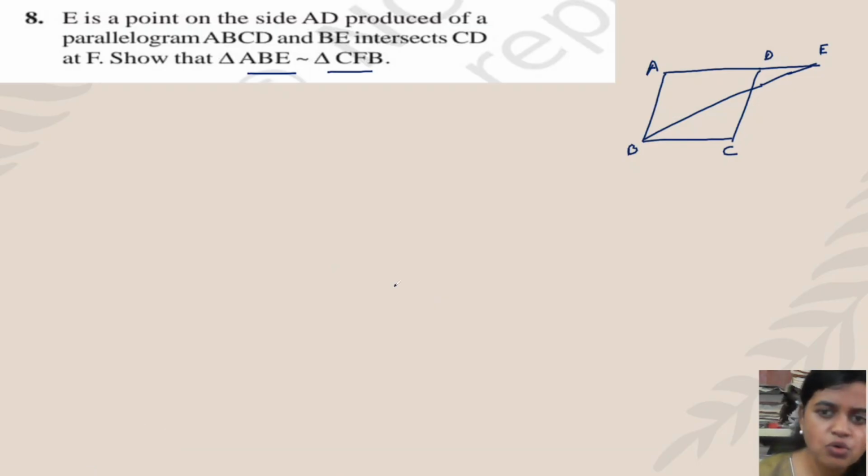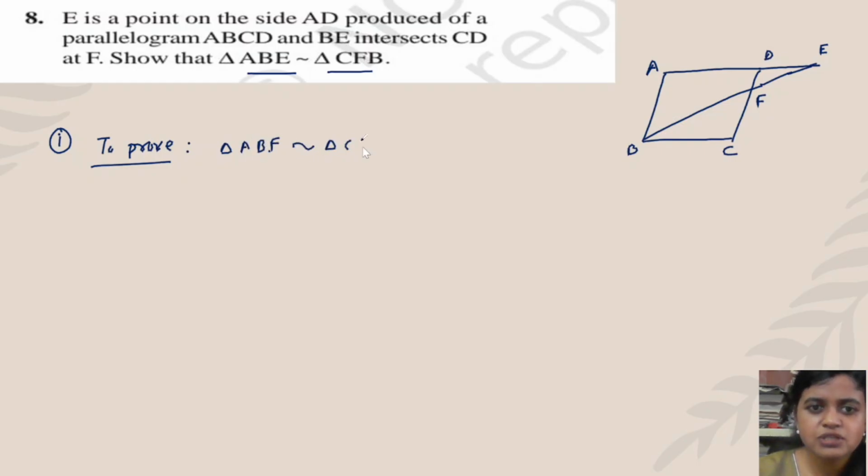So BE intersects CD at F. We have to prove that triangle ABE is similar to triangle CFB. Here nothing is given and nothing needs to be mentioned, so write only to prove triangle ABF is similar to triangle CFB.